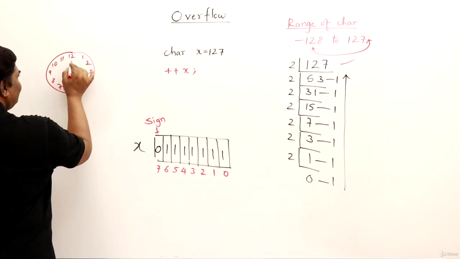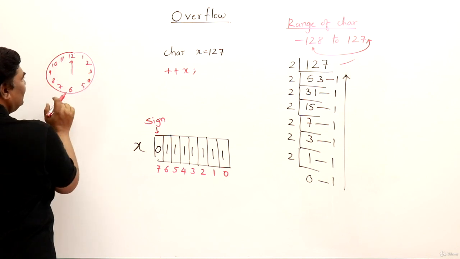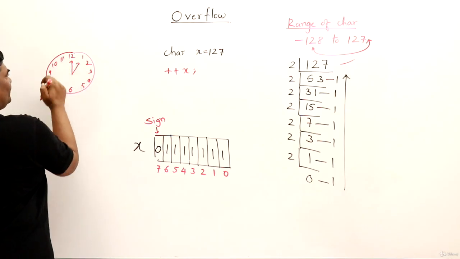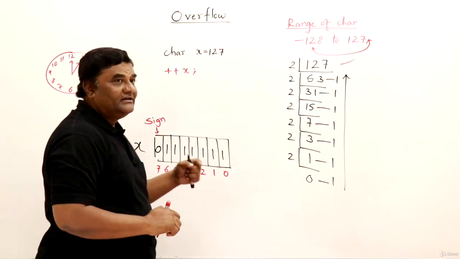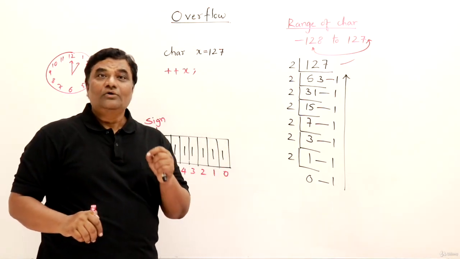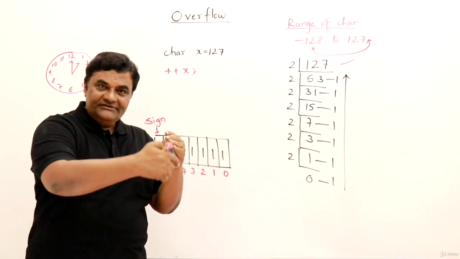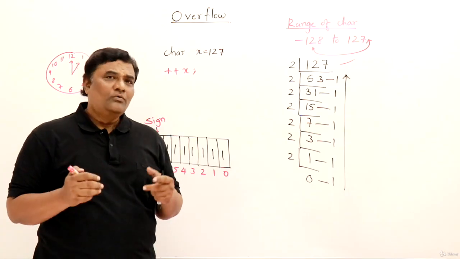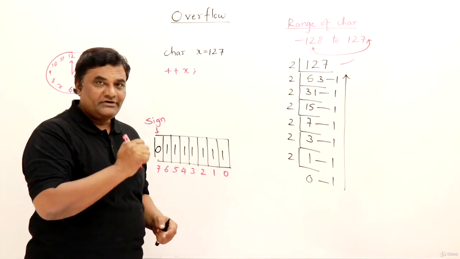If the hand is here and you move next, it will not go to 13, it will go to 1. And if you move the other way, it will not go to 0, it will come to 12. So it is cyclic behavior. This is called overflow. When the value is more than the capacity, it takes the values again from the beginning. That is overflow.